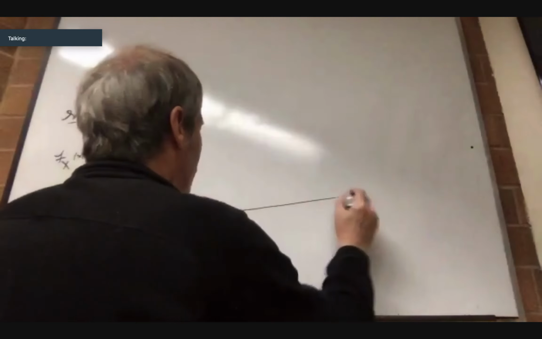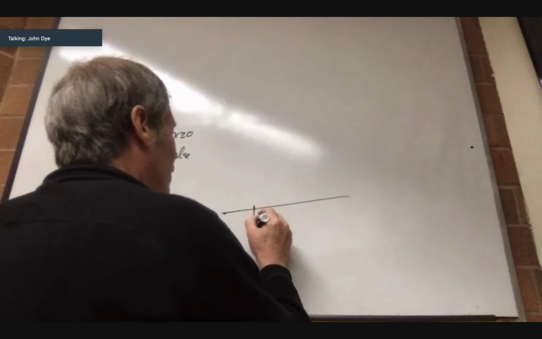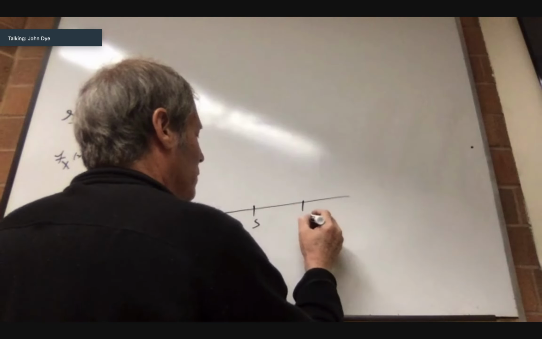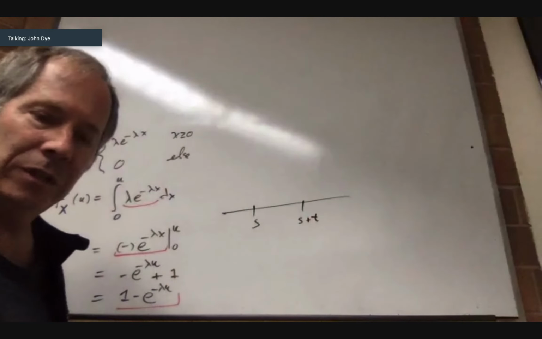So suppose this is S, and this is S plus T. I'm only drawing that because S comes before T in the alphabet.